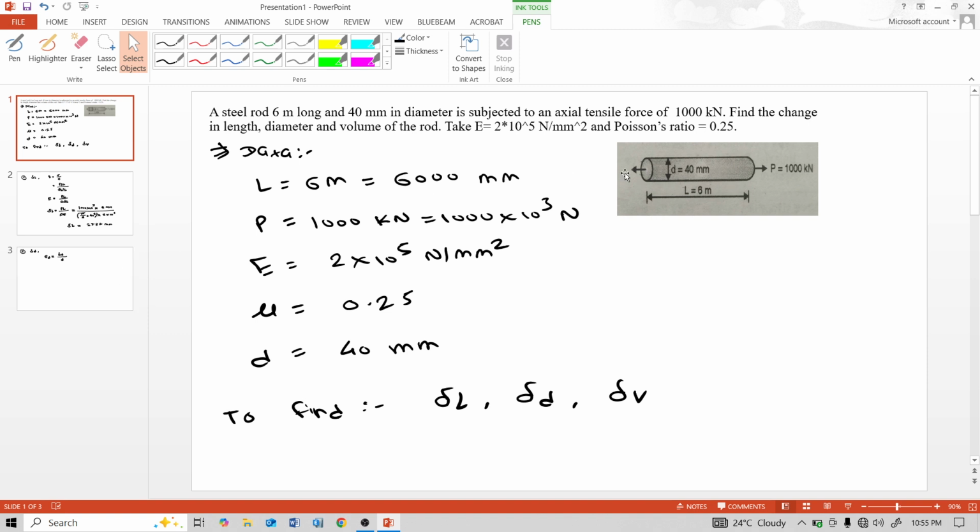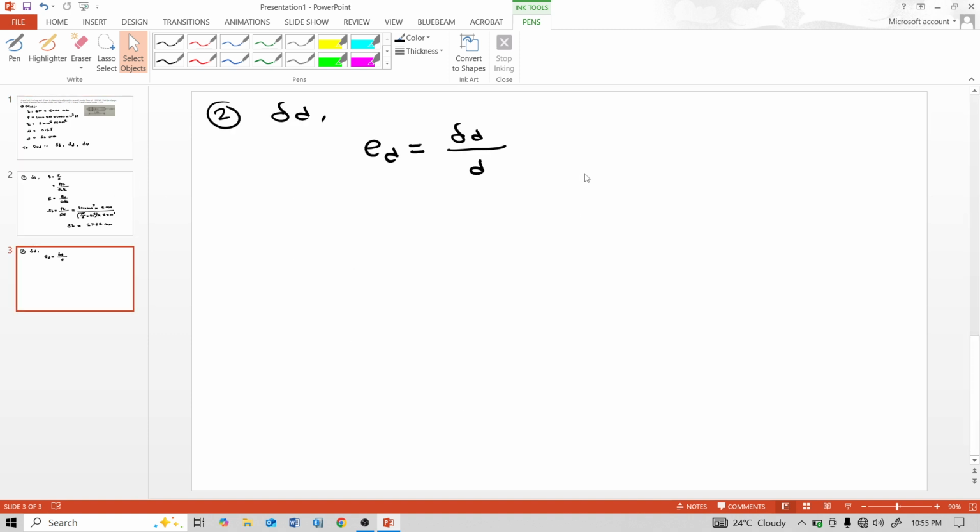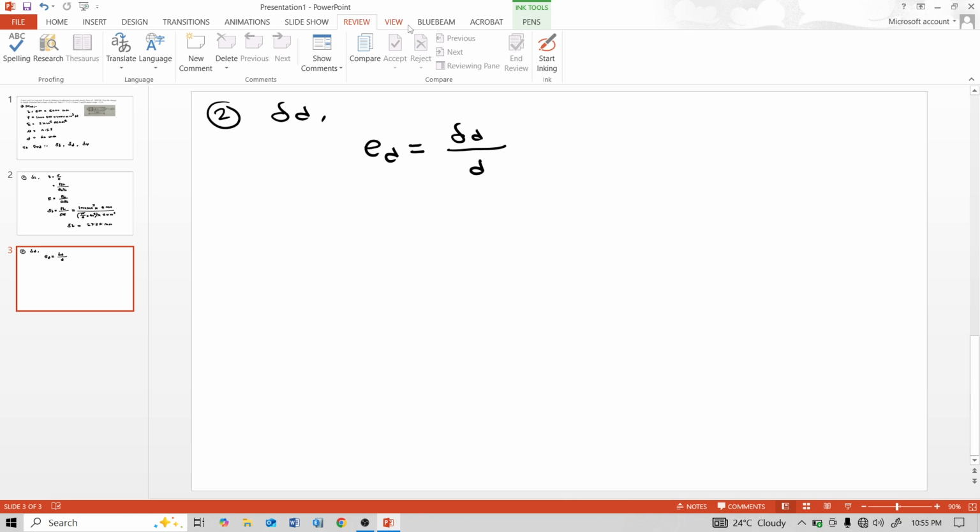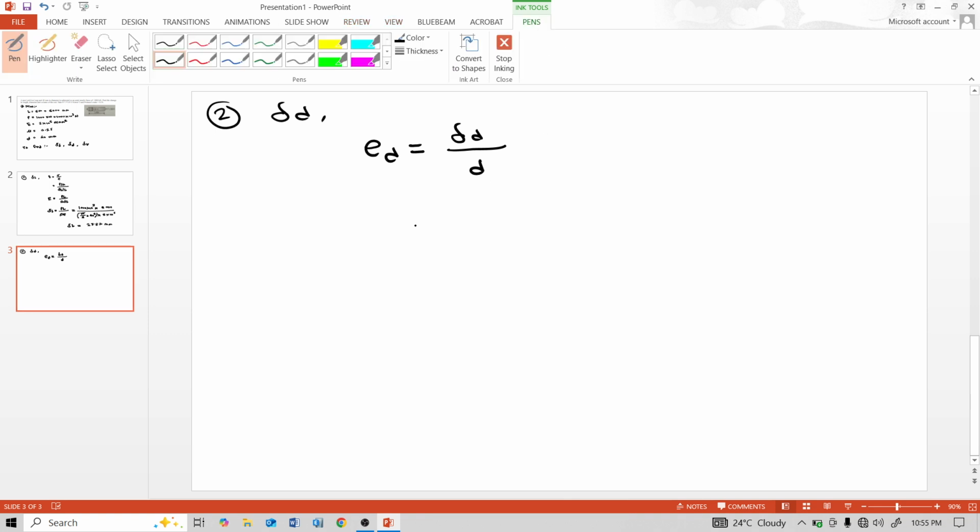For this circular bar, strain along the axis is linear strain and perpendicular to the axis is lateral strain. Change in diameter is equal to strain in lateral direction multiplied by original diameter D.